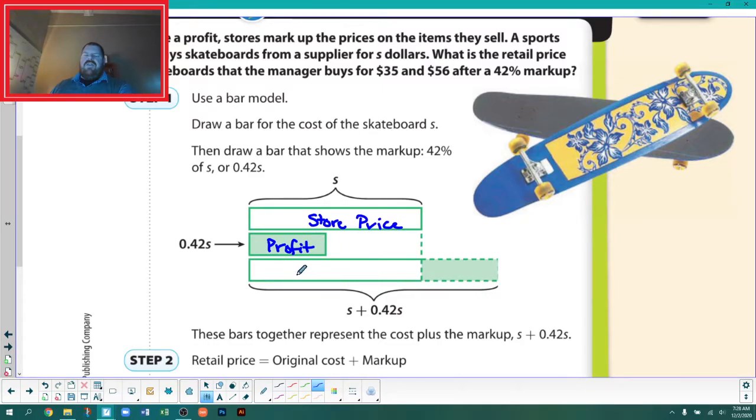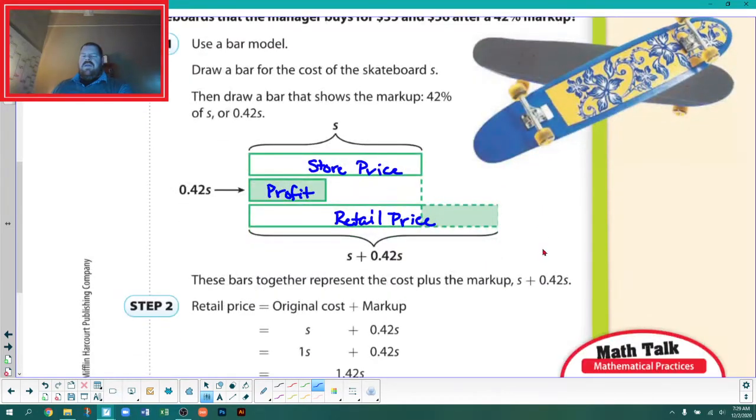And then to figure out the actual price, the retail price, you have to add those. I do apologize, for some reason my pen is not wanting to work as fast as I do.